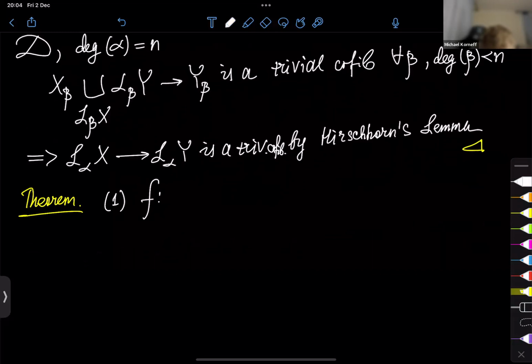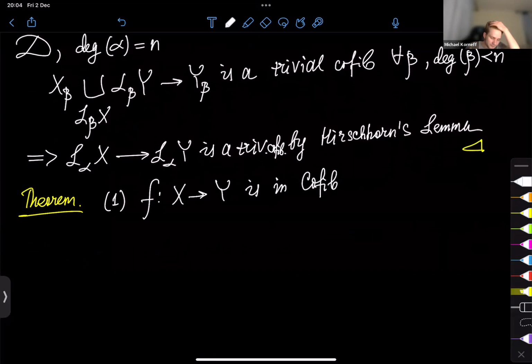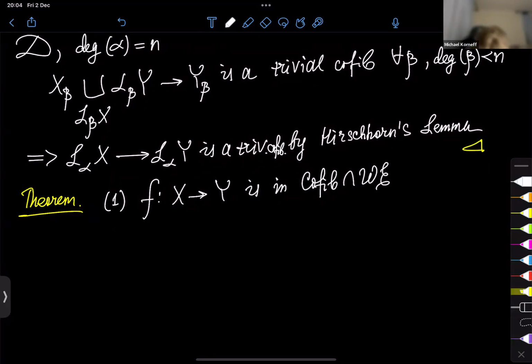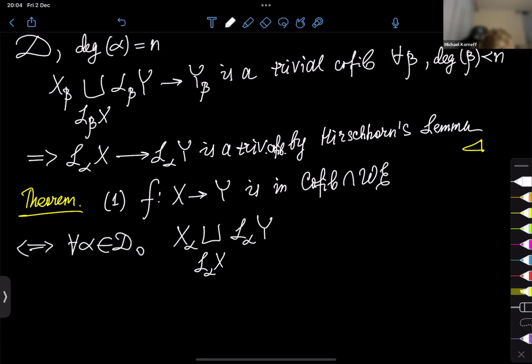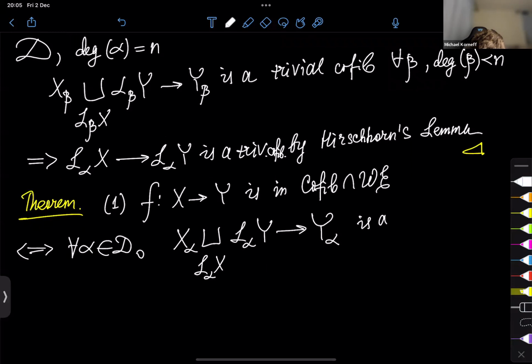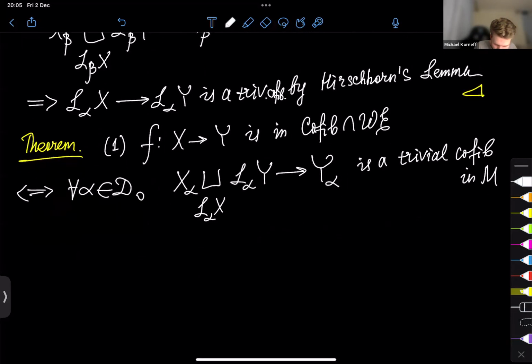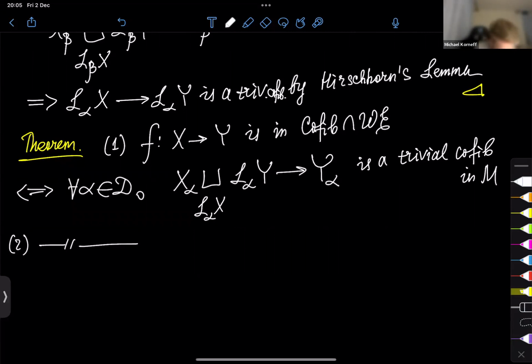The map between the diagrams is in the intersection between cofibrations, Reedy cofibrations, and the Reedy weak equivalences, if and only if for any alpha, the relative latching map is a trivial cofibration in M. Okay, and the second, of course, dual statement holds.